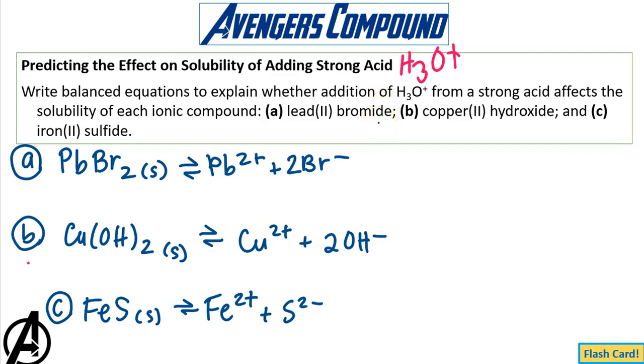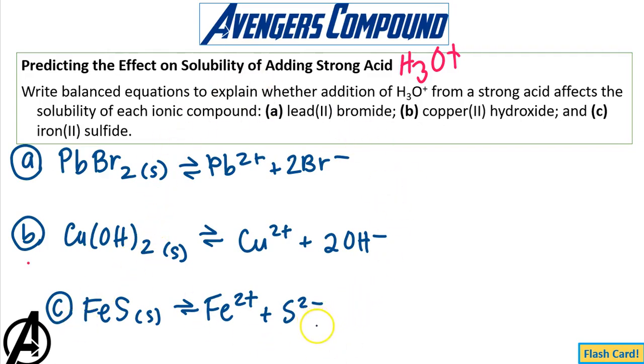Now, we saw previously that in order to see the effects of solubility when you add a strong acid, we need to have a strategy to focus on the anion of a weak acid. So when I have all of my dissolution equations written down, the next thing I want to do is focus on the aqueous ions that are produced.